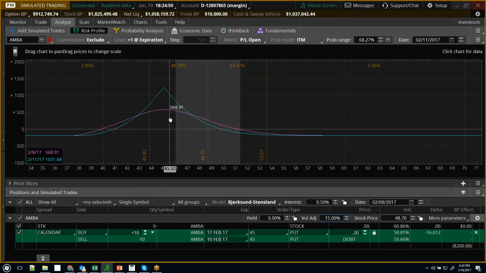But this delta here offsets the long deltas. If we had a correction and the market started going down, it would pull Ambarella down with it. We would have to still manage our trade and close it down, but we would be making more and more money as implied volatility went up and as Ambarella was moving down towards our 45 strike.